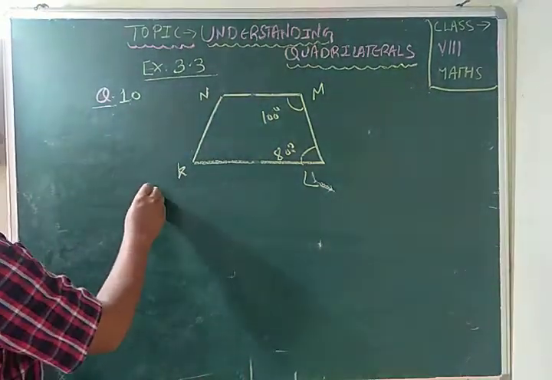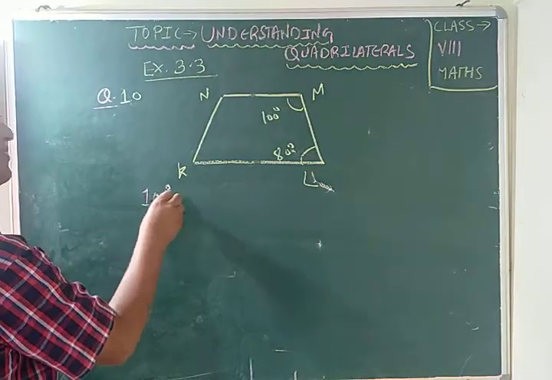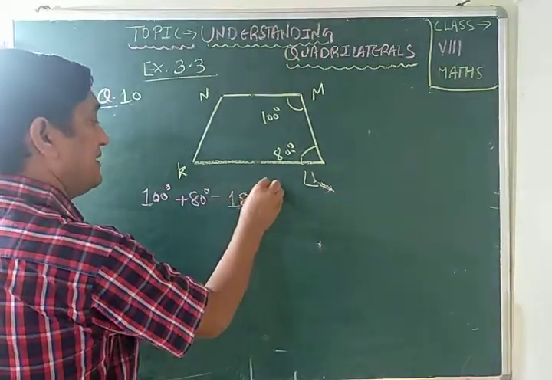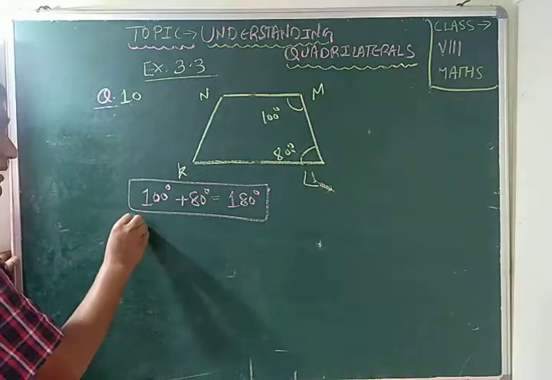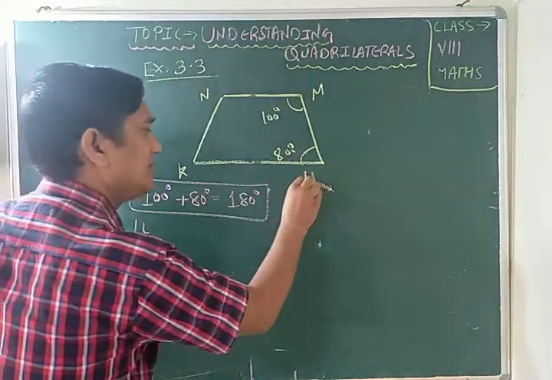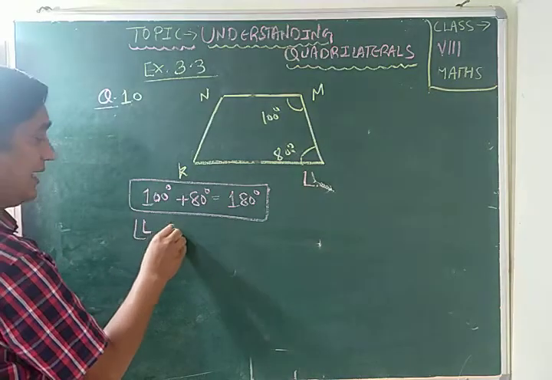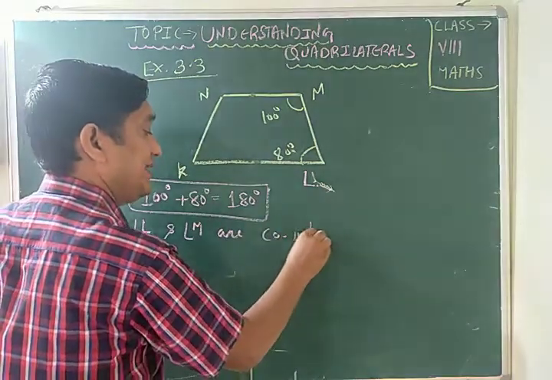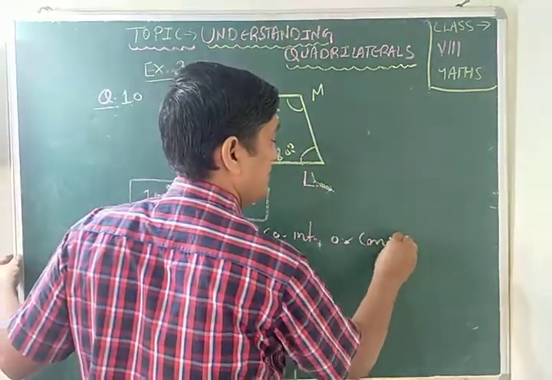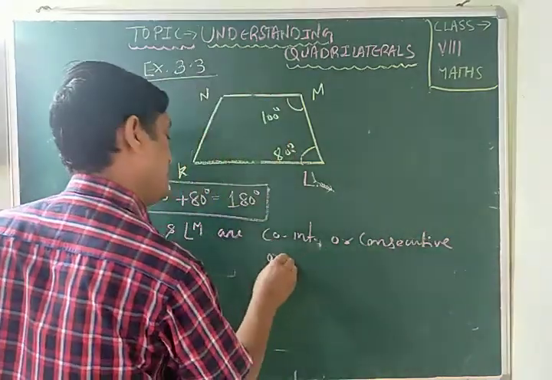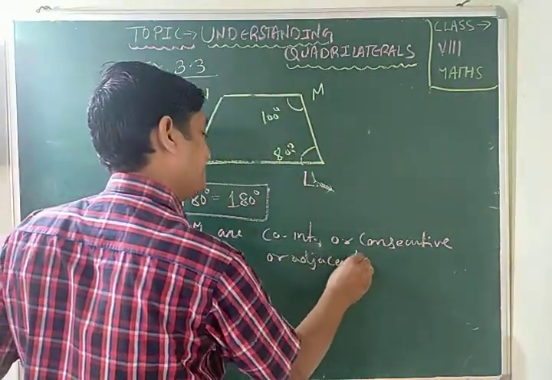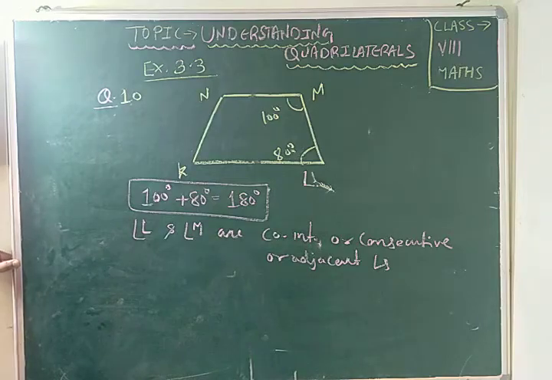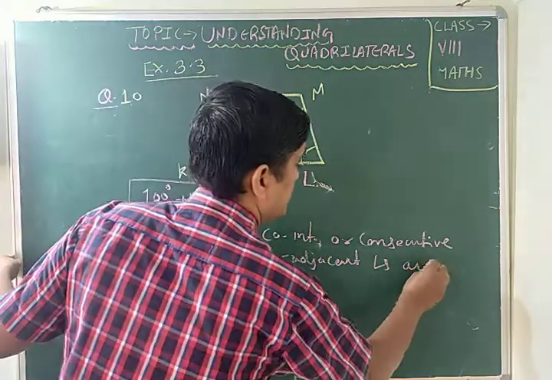Now check: 100 degrees plus 80 degrees comes to 180 degrees. This is angle L, and angle L and angle M are co-interior, or you can say consecutive, or you can say adjacent angles, and their sum is 180 degrees, so they are supplementary.